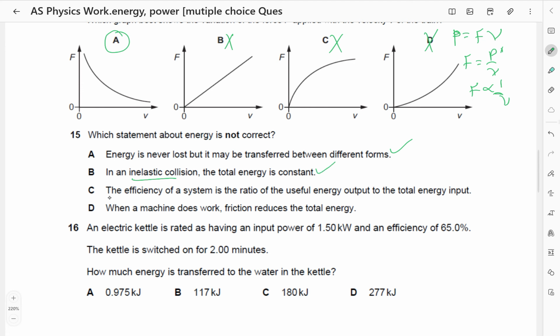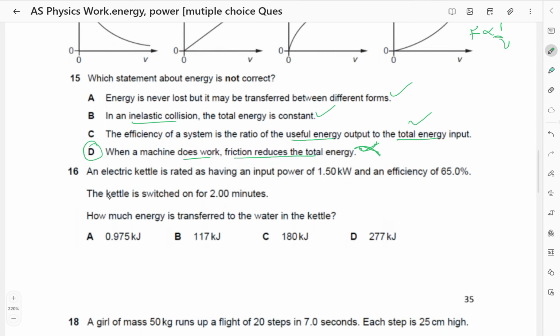It is just transformed from one form to another, but total energy is always constant. Then C, the efficiency of a system is the ratio of useful energy output to total energy input. That is correct. When a machine does work, friction reduces the total energy. This is not correct. Friction does not reduce total energy. It just wastes some of the energy, but the total energy remains the same. So the answer is going to be D.